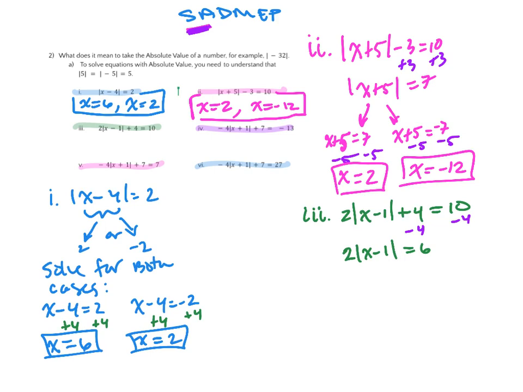Okay, so here's the thing. Sometimes students will distribute the 2 inside the bars. We're not going to do that because no matter what, I'm going to have to divide by 2 anyway, and I'd rather just continue working outside in. So I'm going to first divide by 2 on both sides.